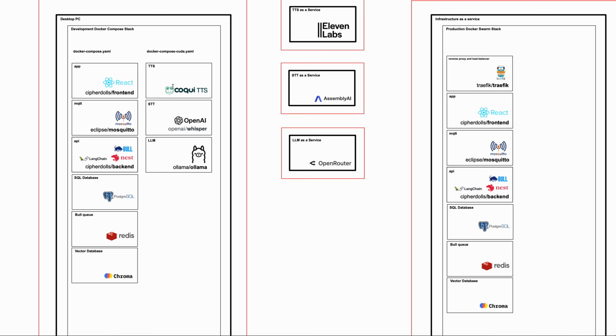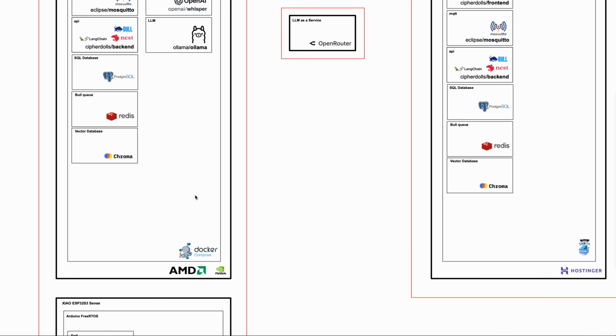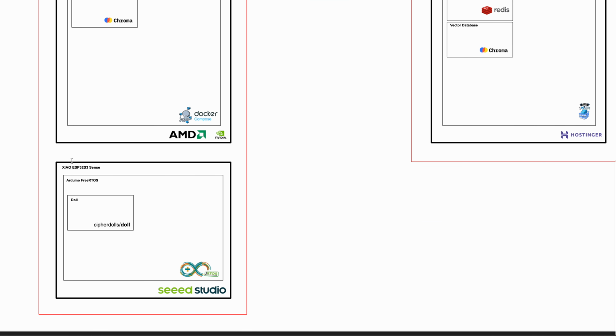And then on the GPU side, I have TTS running with Kokoro, the speech-to-text with Whisper, and the LLM with Ollama. And inside the network, then the doll or the microcontroller, which runs on an ESP32-S3.